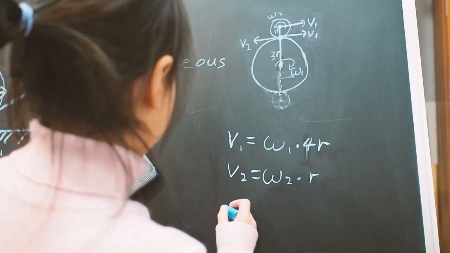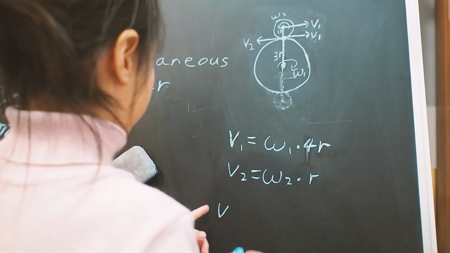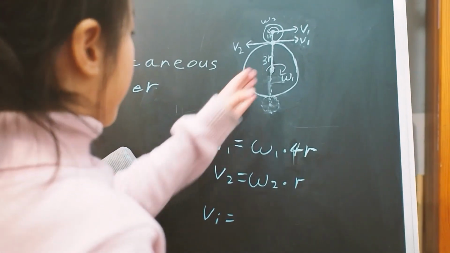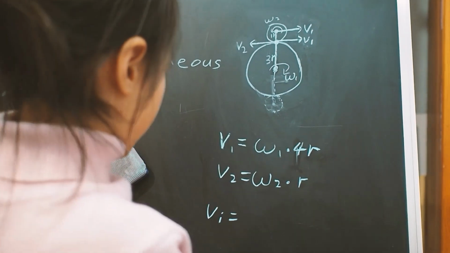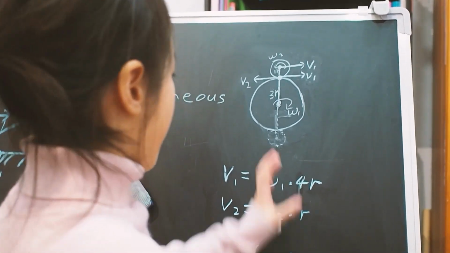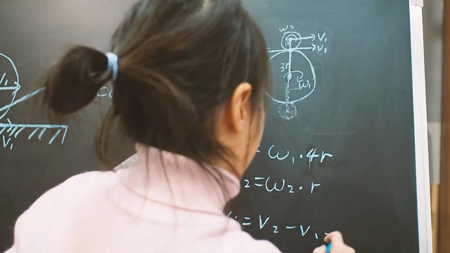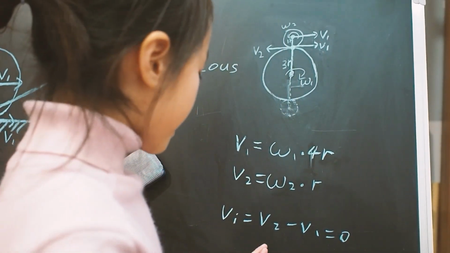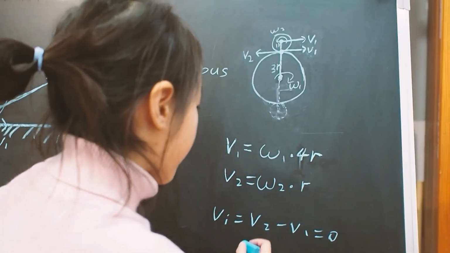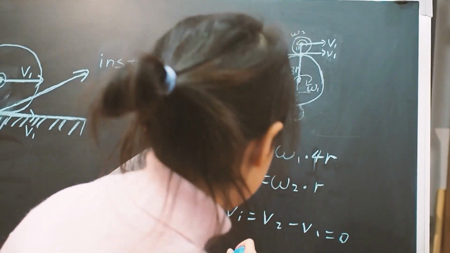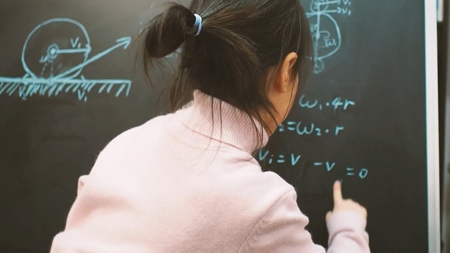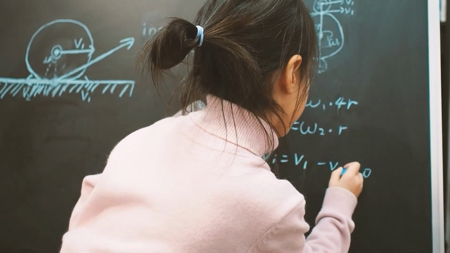We call this VI, and this VI is equal to v1 minus v2, because they are balanced, so they cancel and equal 0.